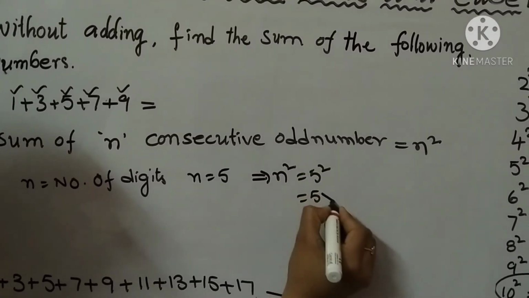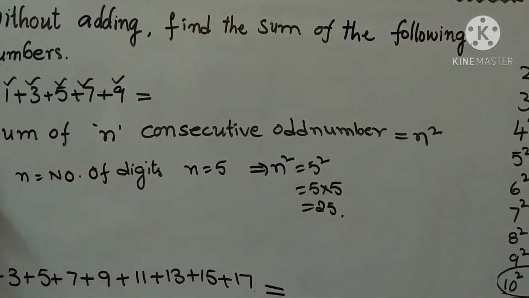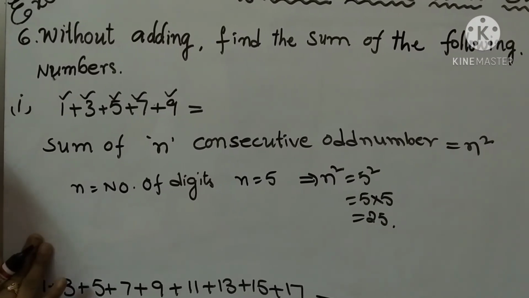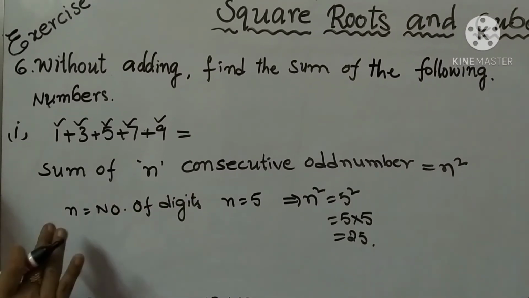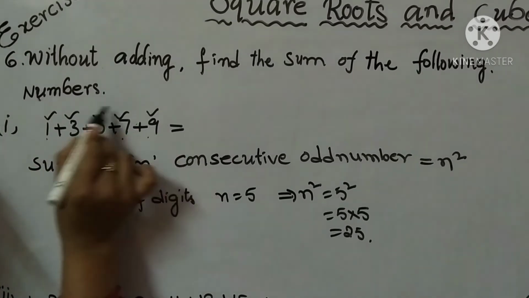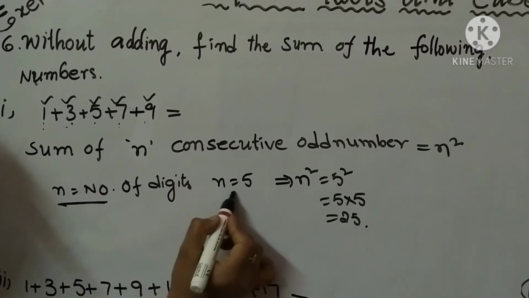So write the square number. 5 fives are 25. Without adding, the sum of n consecutive odd numbers is n square. So what is n? The number of terms. How many terms are given here? 1, 2, 3, 4, 5. So n equals 5.